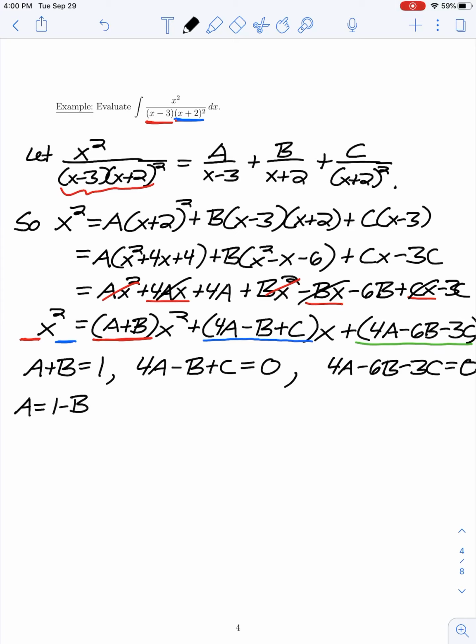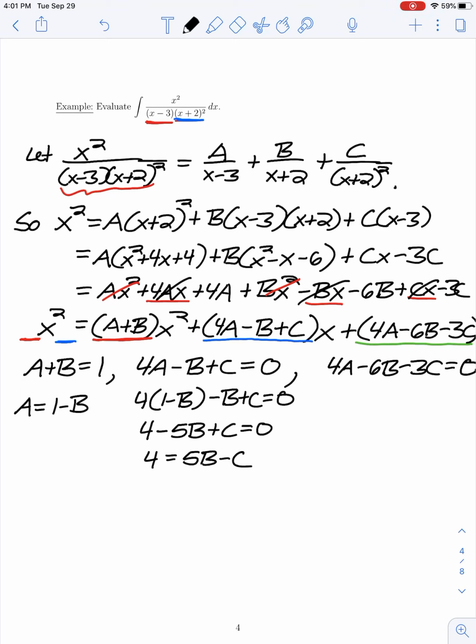So if I take that expression for a and substitute into my other two equations, I would have 4 times a, which was 1 minus b, plus c is 0. So this reduces to 4 minus 5b plus c is 0. Or 4 is equal to 5b minus c.